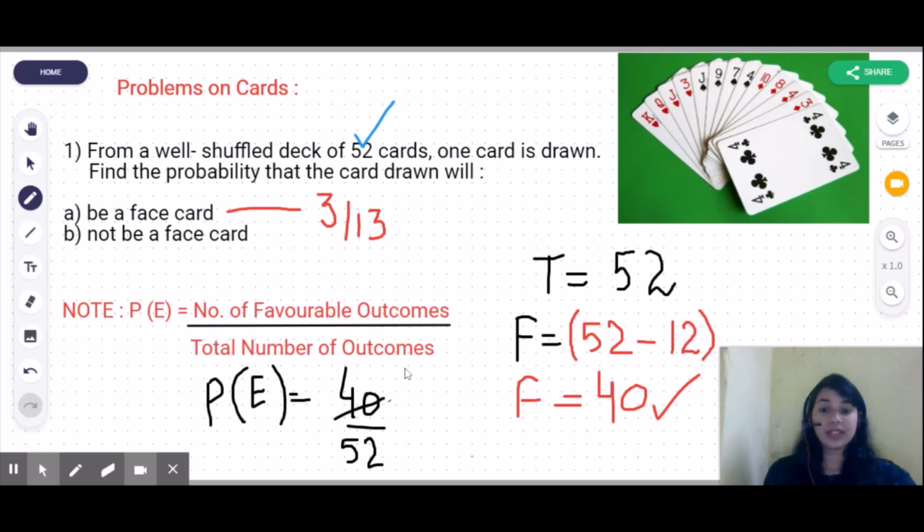So let me reduce it. 4 tens are 40 and 4 thirteens are 52. So what is the answer for not getting a face card? The probability is 10 by 13. Again, we can very well notice that it is in the reduced form, and this value is somewhere between 0 and 1 only. Right? So let's now take up the next question.